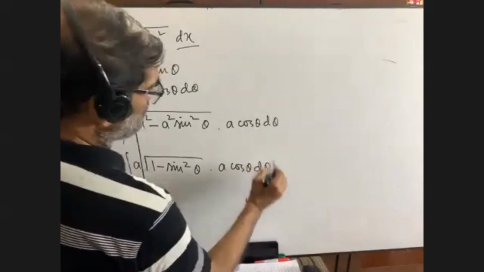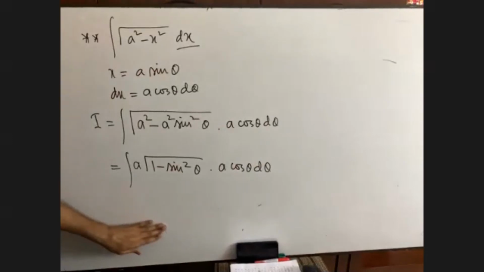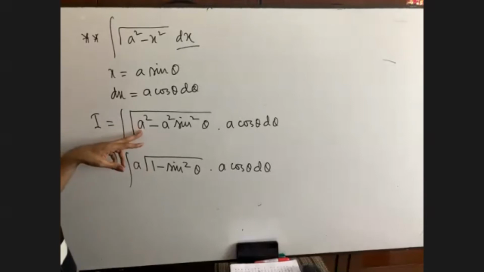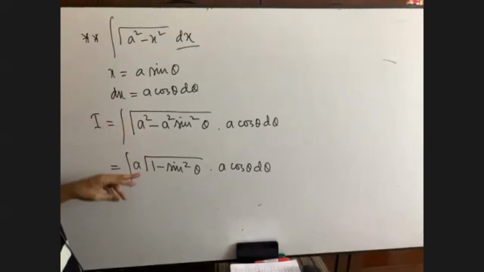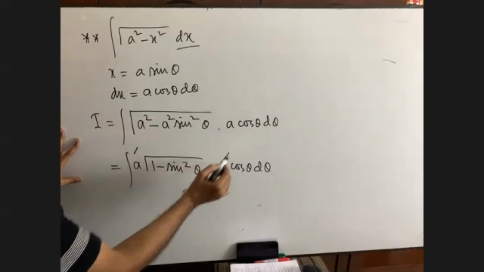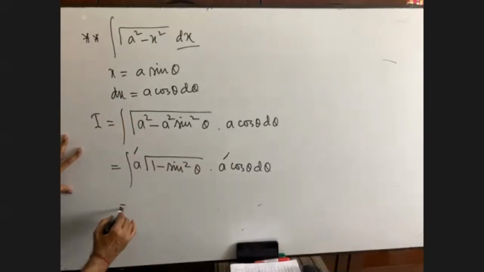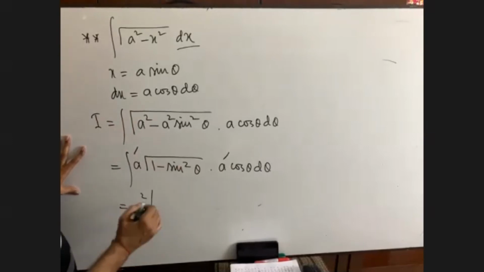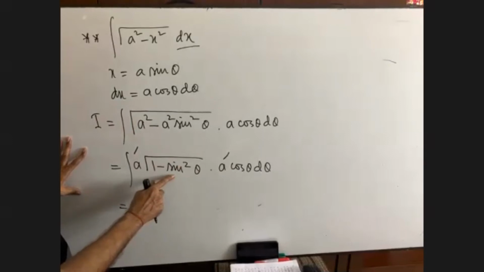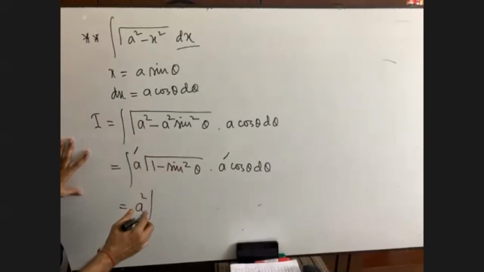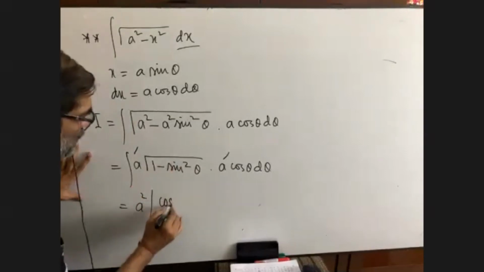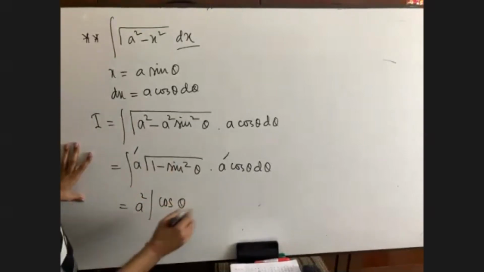Talk to me, all of you. Actually, I have taken a square common, and I have taken out that a squared from the square root. So it is a. That's good. Now you see, this is a, this a equals to what? A square, right? Integration sign, it is cos square theta, the cos square and this root cos theta, only cos theta. So we are getting here only cos theta, but another cos theta.